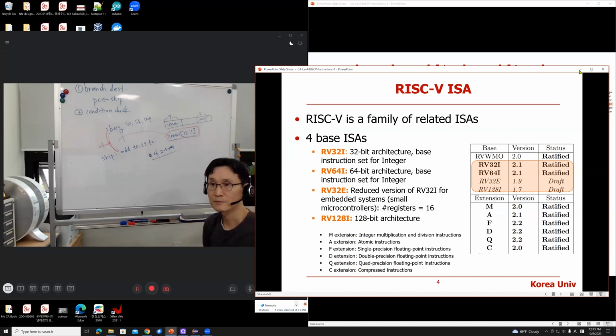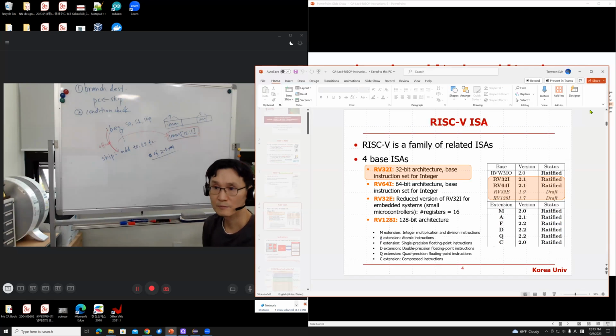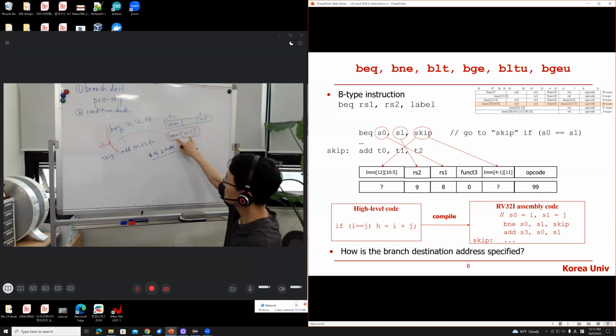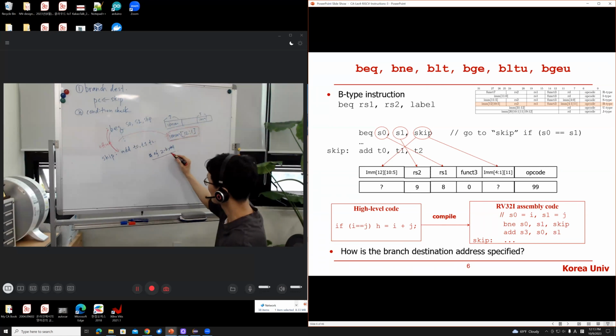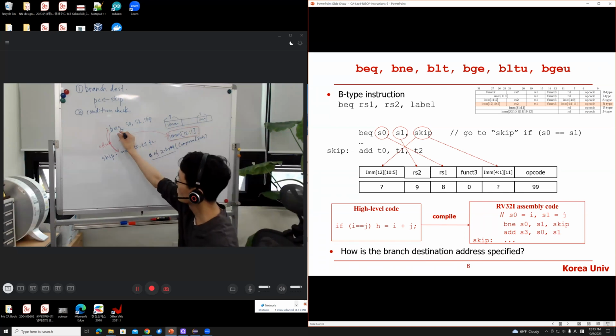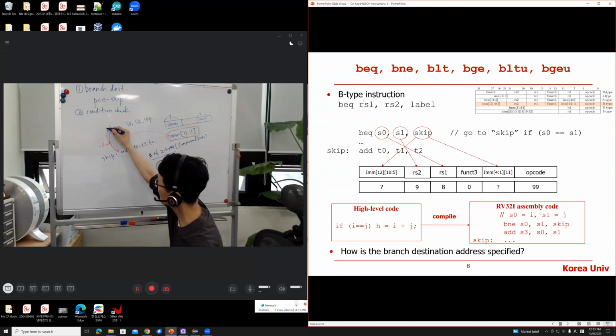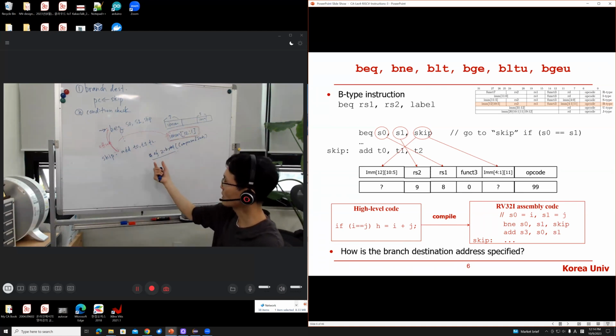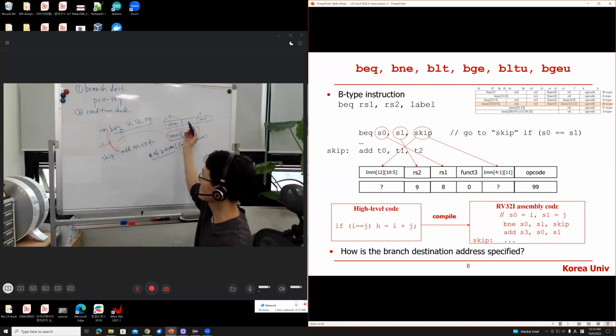So what the RISC-V architect decided to encode in the immediate is the number of, in other words, compressed instructions. How many 2 byte instructions could be there from the current location to the destination? How many compressed instructions are there? Again, an integer instruction, BQ is an integer instruction, right?